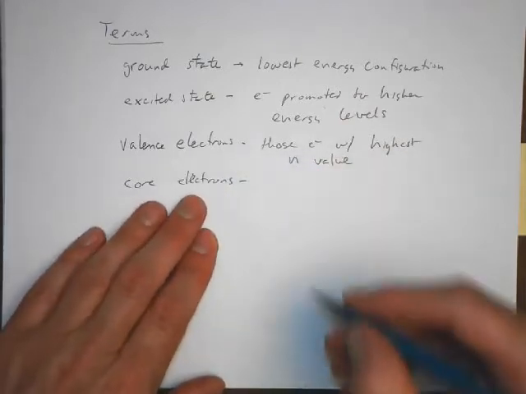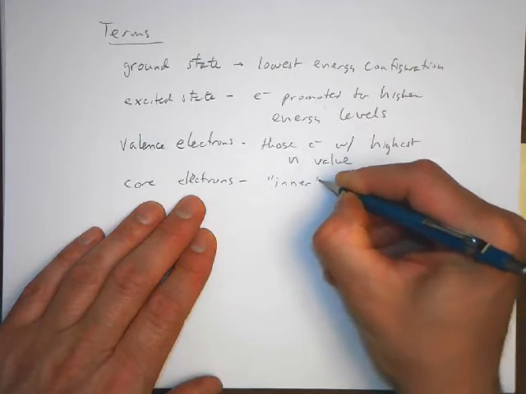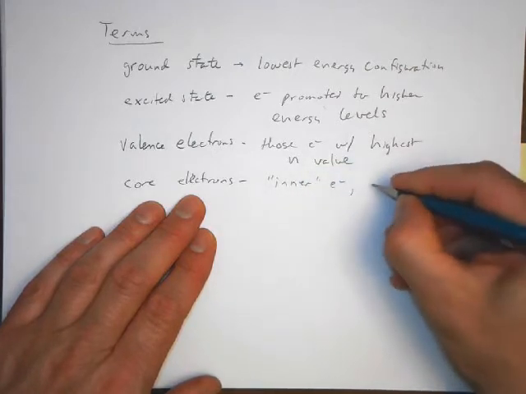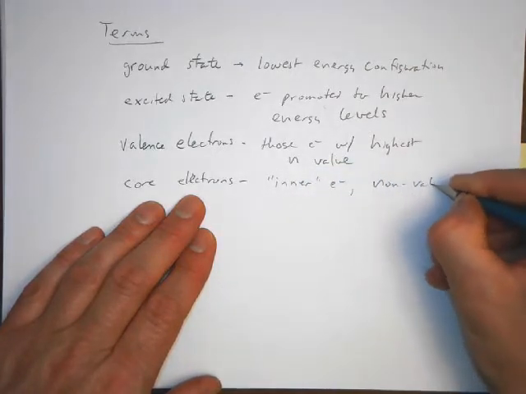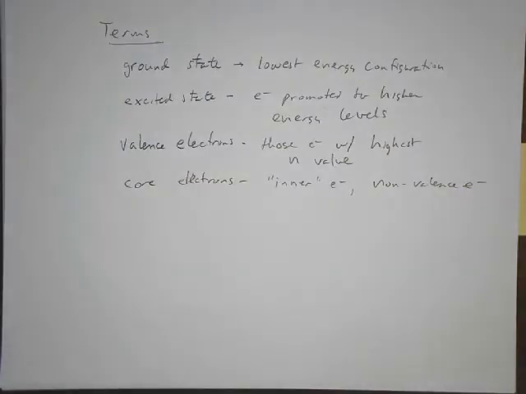Those are called core electrons, or inner electrons, or non-valence electrons. Those are some terminology that we'll be using as we go.